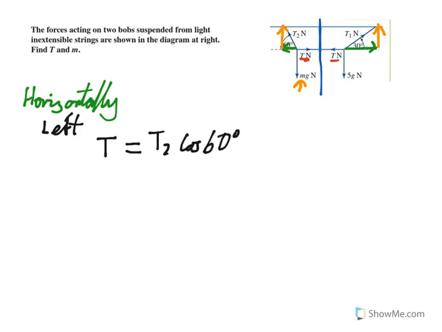So we know that bit. For the right hand one, again, we've now got the tension pointing to the left, T, and that we know has got to be equal to T1 cos 30. That's that bit pointing to the right there.